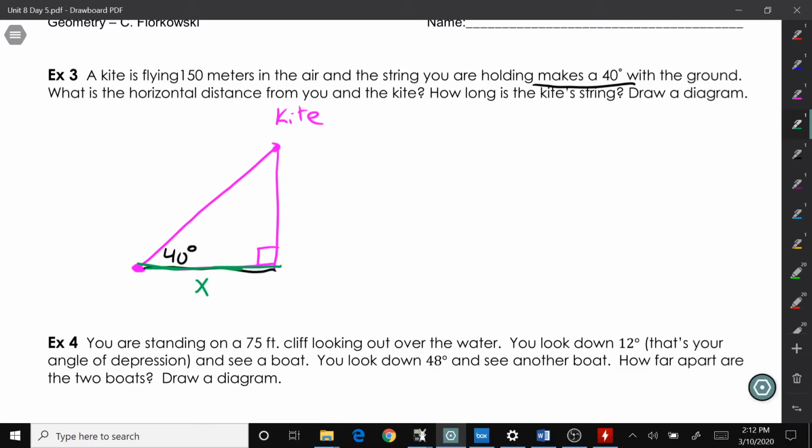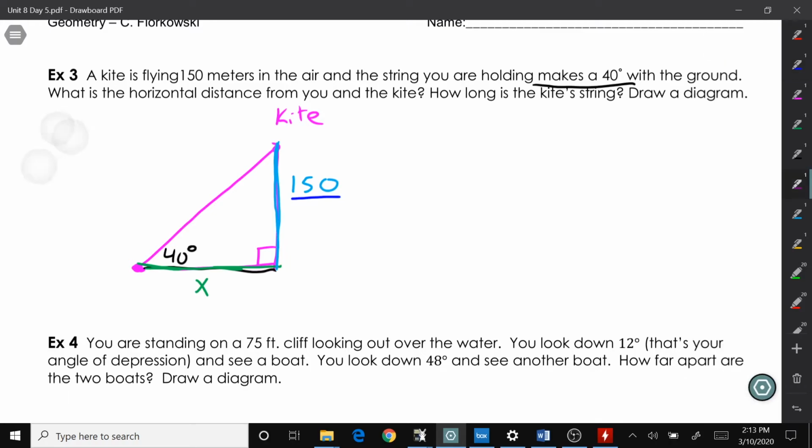Now, it says a kite is flying 150 meters in the air. That means vertically, up and down. It's 150 meters in the air. If it would have said that the string is 150 meters, then that would have been the hypotenuse. So that's a very small distinction in this problem, that it says 150 feet in the air versus the string is 150 feet long.